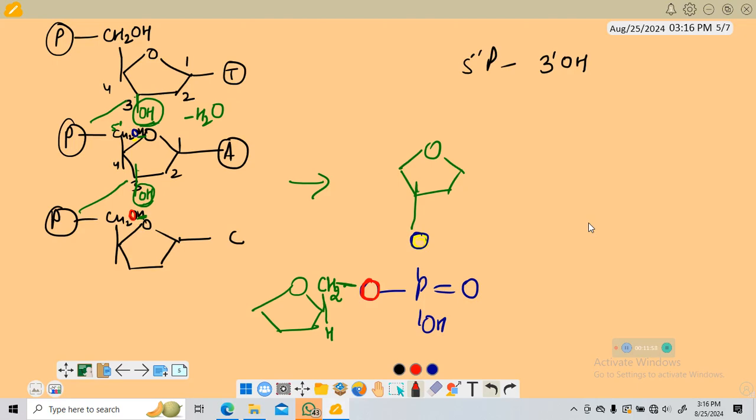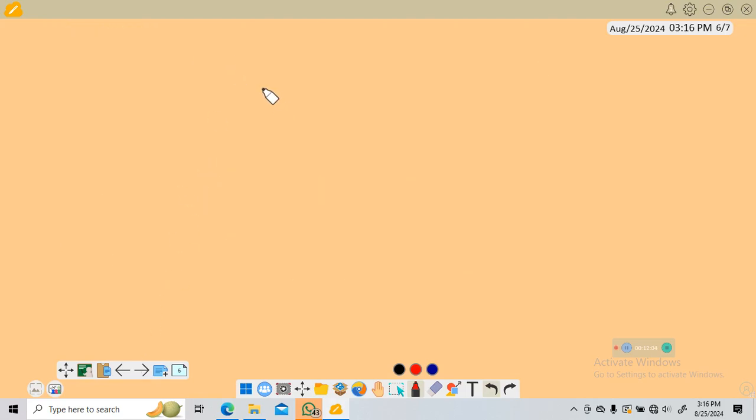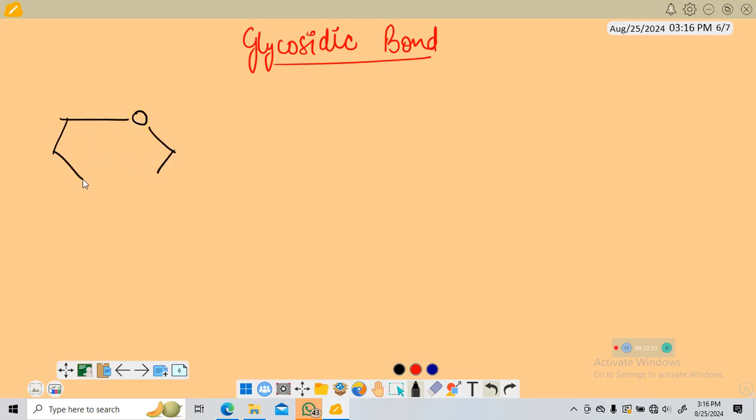Okay, let's do a little bit of the glycosidic bond also. Next we have the glycosidic bond. This is between two glucose sugars. It will be like this. HOH, HOH, OH, OH, H, CH2OH.